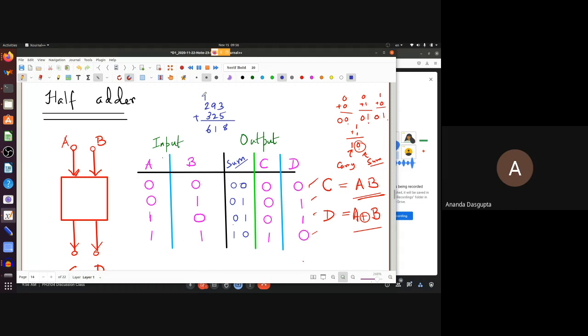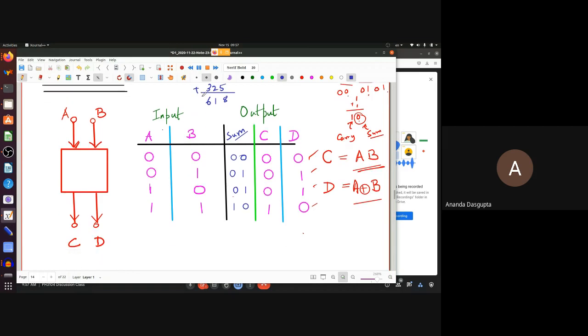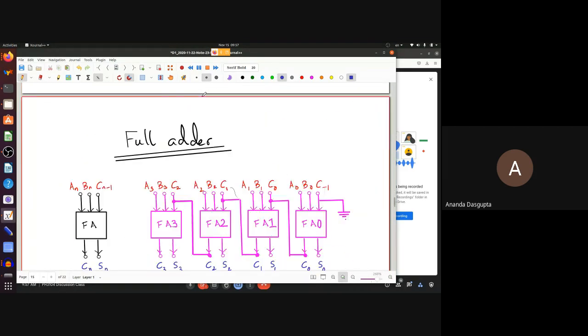Since you're going to add any 2 numbers, your circuit has to be able to add whatever numbers are given to you, and there will be carries. So typically, you're not going to add 2 bits or 2 digits, but 3. That's why this is called a half adder. It adds 2 bits, but you cannot really use it to add 2 numbers. You have to have a way of adding 3.